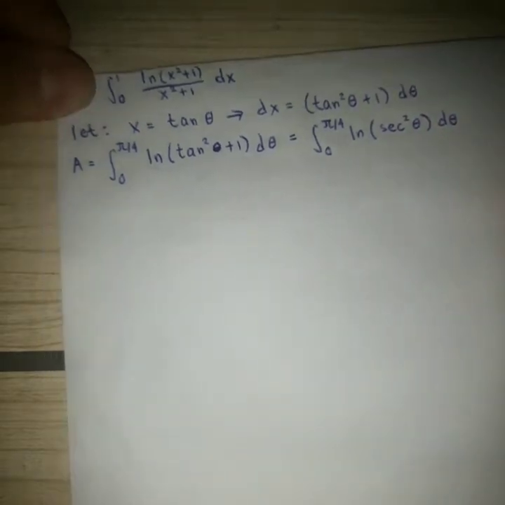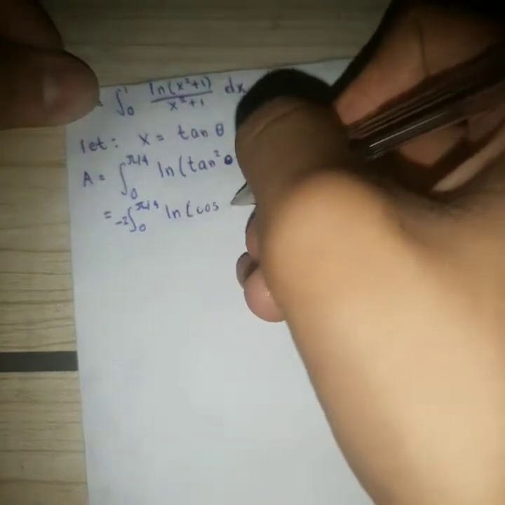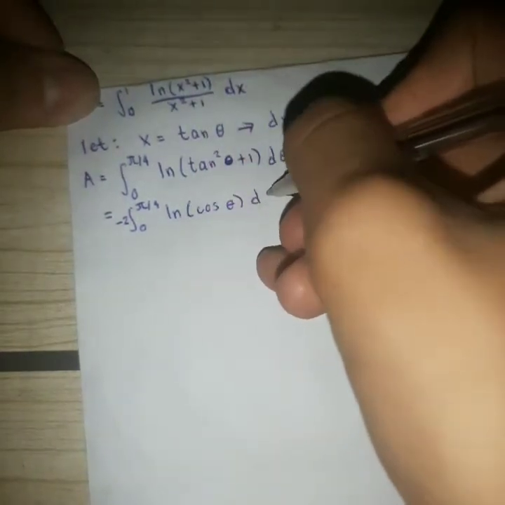We know that secant squared theta is just equal to 1 over cosine squared theta. So here we now have negative 2 times the integral of ln cosine theta d theta.